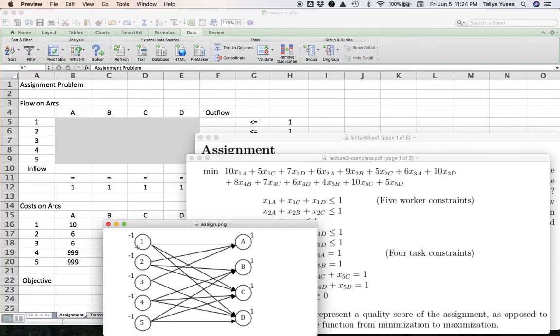But in essence, whatever the supplier ships has to be no more than what the supplier has, and whatever arrives to the consumer or the demand node has to be what they want.